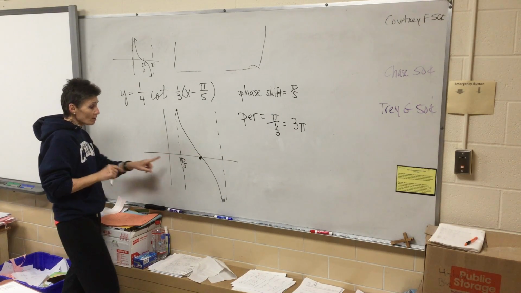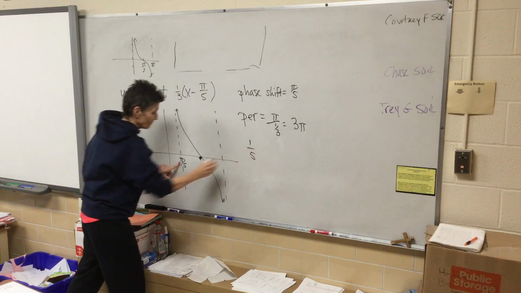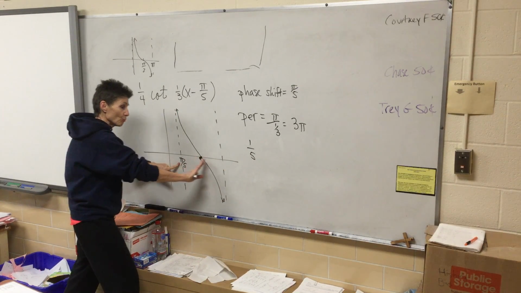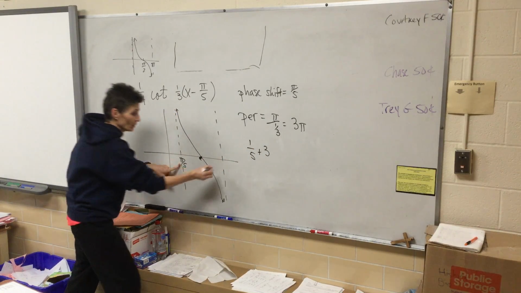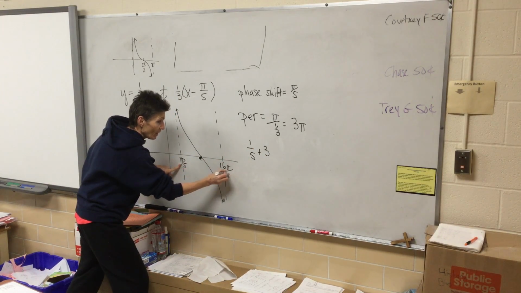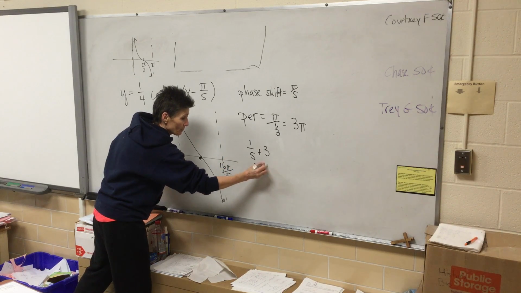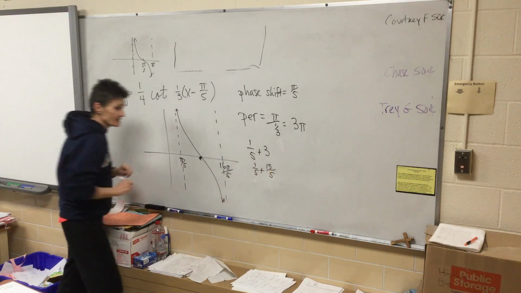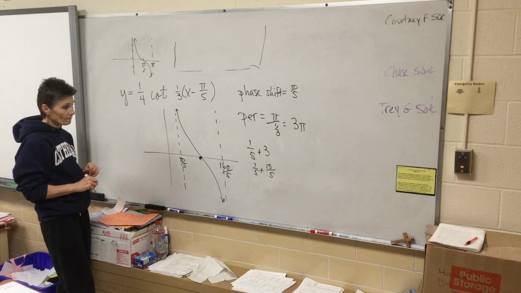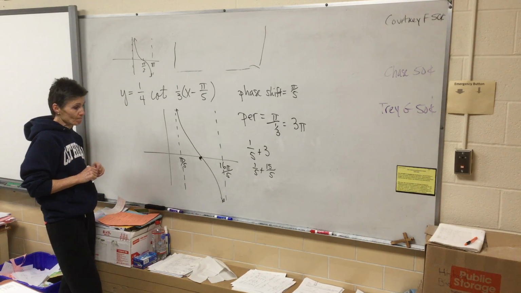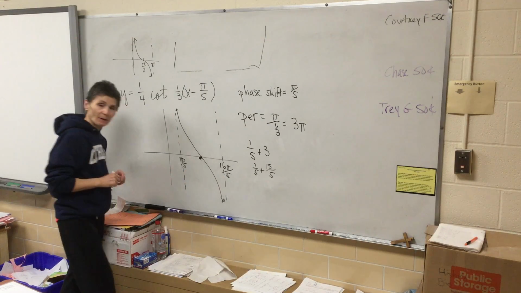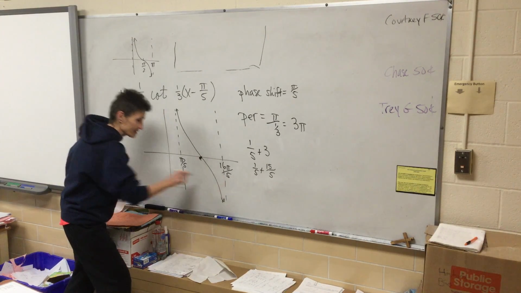So if I start at 1/5 of a pi and travel 3 pi, then I will end up at 16 pi over 5, because 1/5 plus 15/5 is 16/5. This distance has to be 3 pi. This label is not 3 pi. The distance is 3 pi.